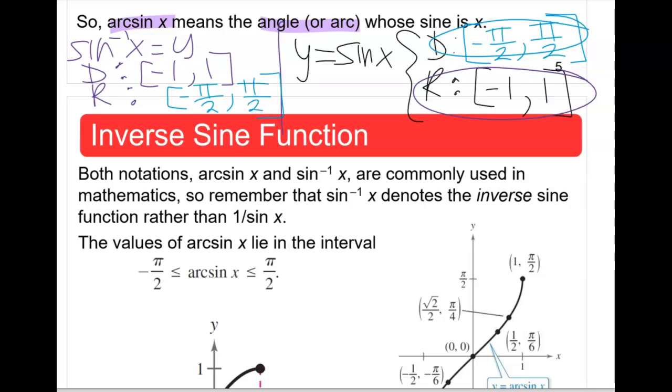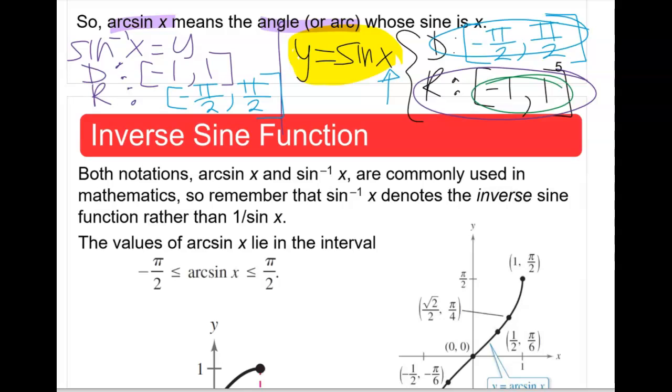So with the original sine function, the one that we looked at first, our input used to be the angle measurement in radians or in degrees. That was our input. And our output used to be a number between -1 and 1, like 1/2, the square root of 3/2, the square root of 2/2, and so on.